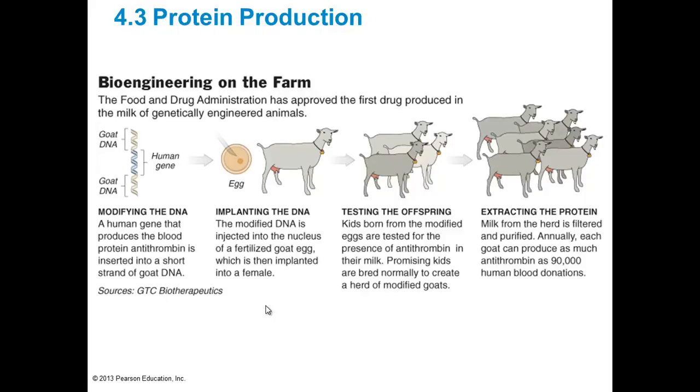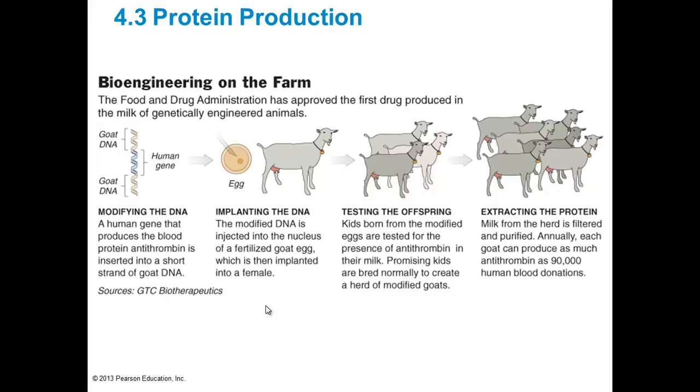Genetically modified animals have been produced: cows, sheep, goats, pigs. And remember, genetic modification is different than cloning. Cloning is when you have an animal that does produce a particular gene, then you want to make copies of that animal. That is cloning.